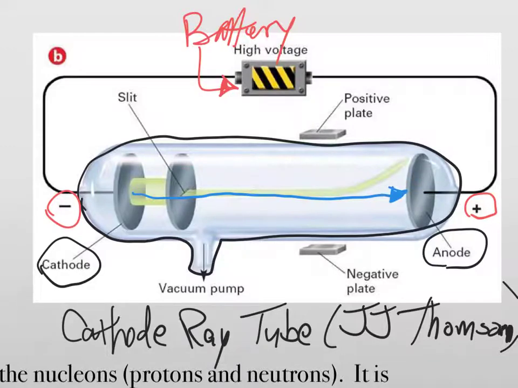He also noticed that if he took either magnets or other positively charged plates and surrounded the tube with those, that the beam of electrons would be deflected either away from one of the plates or towards the other. In the picture here, there's a positively charged plate above and a negatively charged plate below. The beam of electrons was deflected towards the positive plate.